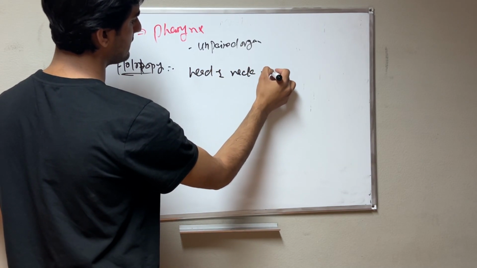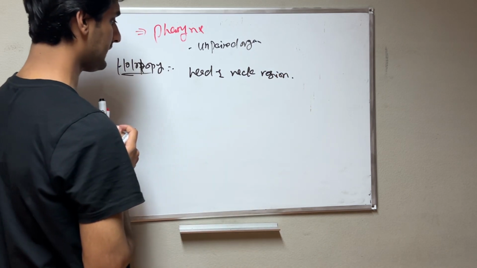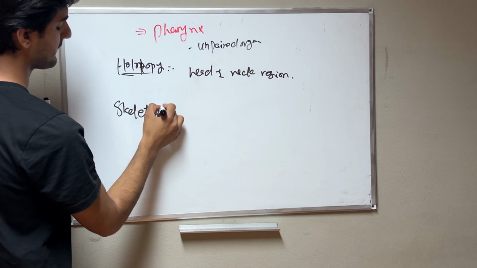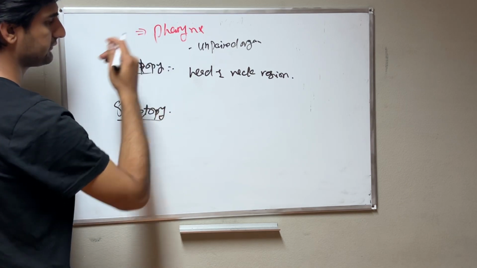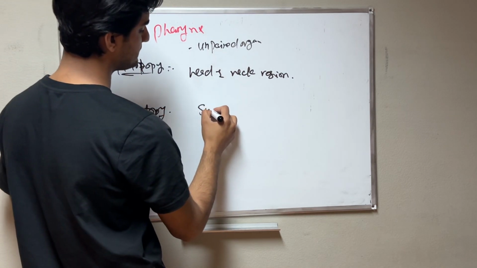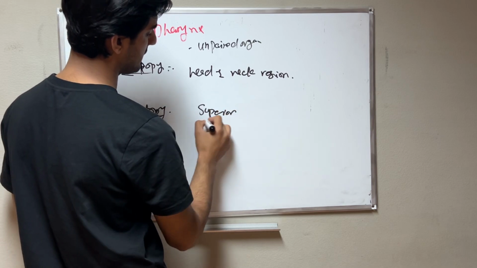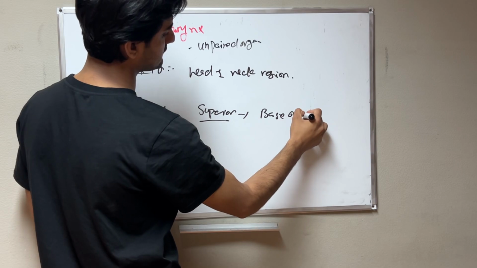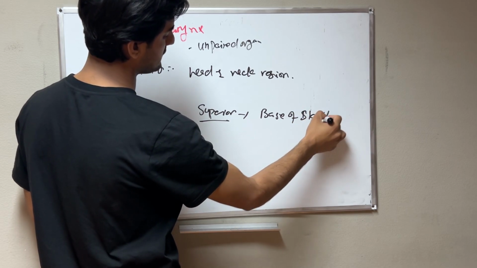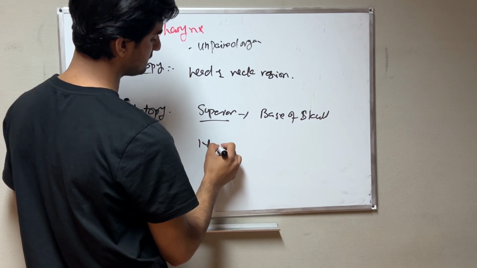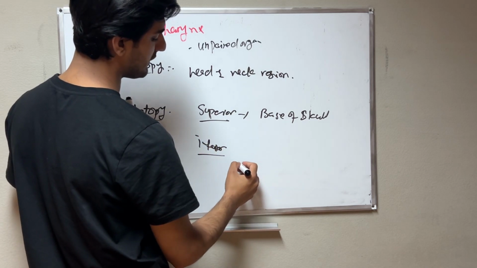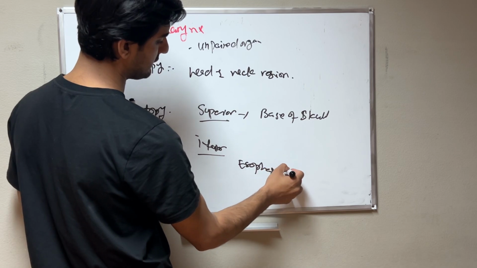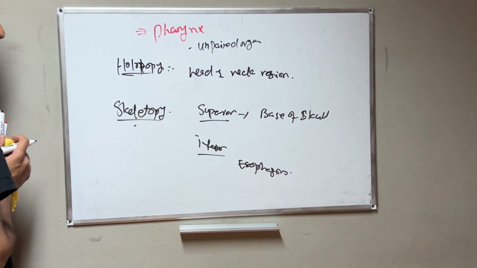Second, the skeletotopy of the pharynx: superiorly, it connects with the base of the skull, and inferiorly, it connects with the esophagus.